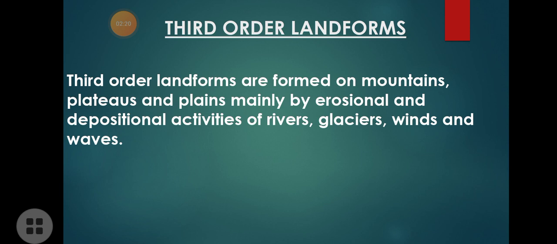Deposition means changing the position, moving a material from one place to another place. So, either by erosion or by deposition, the structure of the mountains or plateaus or plains are changed by the activities of external forces like rivers, glaciers, winds or waves.